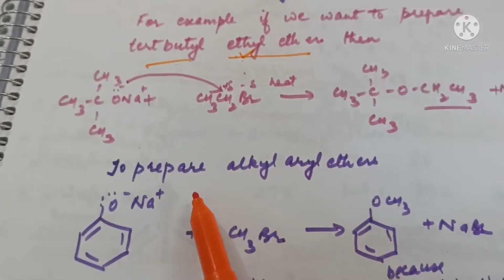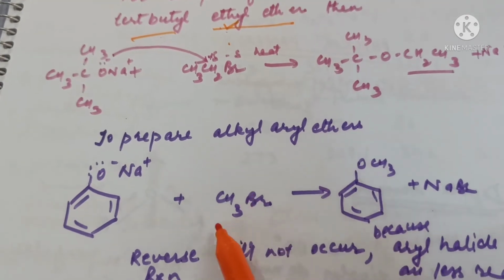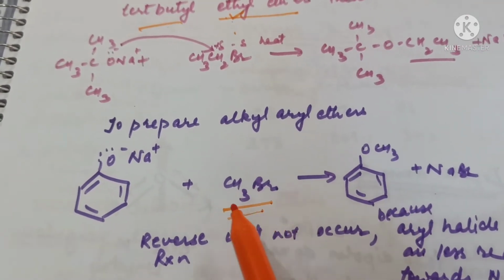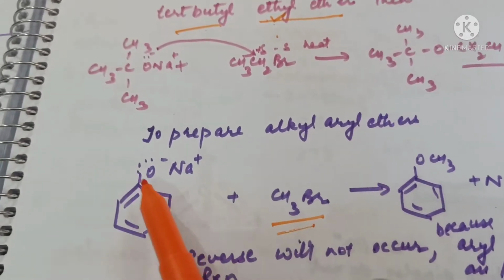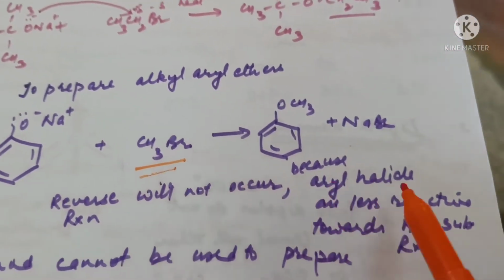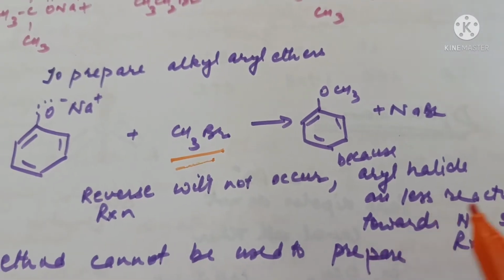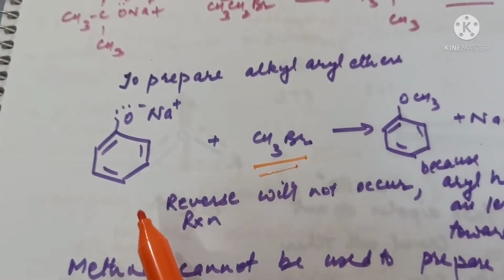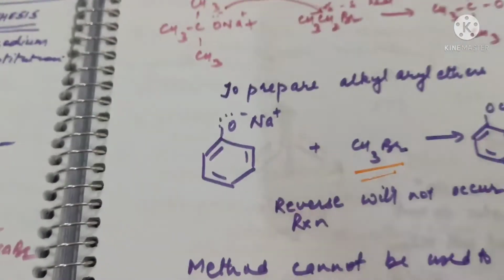And to prepare alkyl aryl ether, again the smaller group will be the alkyl halide and the bigger group will be the alkoxide. The reverse reaction will not occur because aryl halides are less reactive towards nucleophilic substitution reactions.